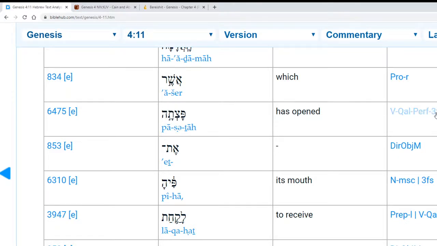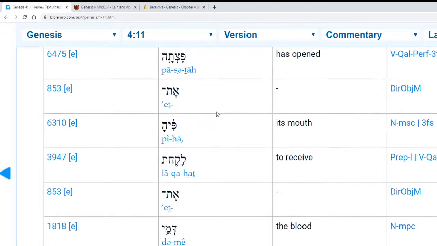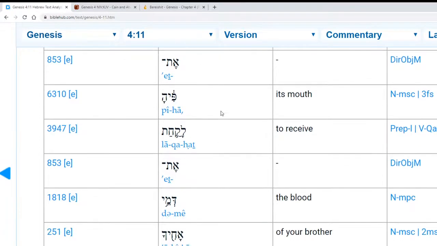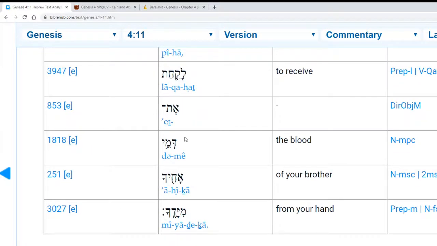Patsta, right? So this is in the feminine because we're talking about Adama, right? Patsta, she opened. Et, direct object marker. Piha, right? Pe is a mouth. Piha is her mouth. Lakachat, to take, right? Lakachat et deme achicha.